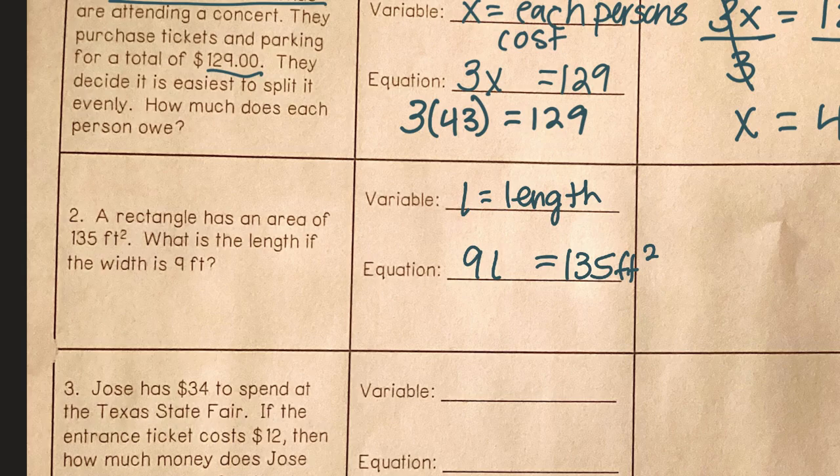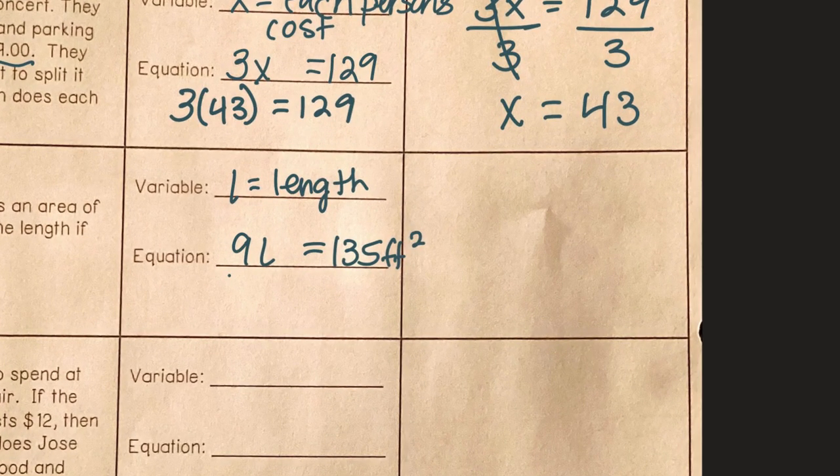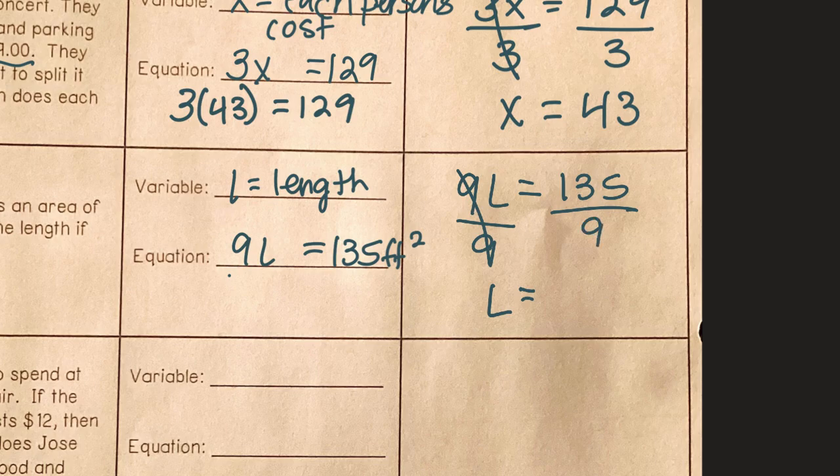Now I know if I wanted to find my length, I'm going to have to divide my 135 feet by 9 because I'm working backwards, okay? So that means that I'm going to divide both sides by 9. So if I've got 9L equals 135, I divide by 9 here, so that cancels out, and I know my length now after I take 135 and divide it by 9.